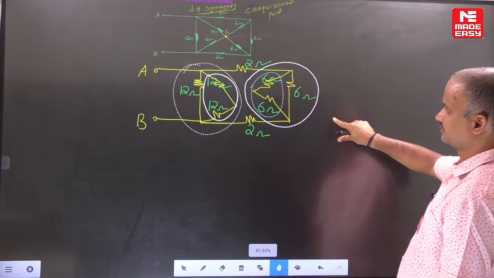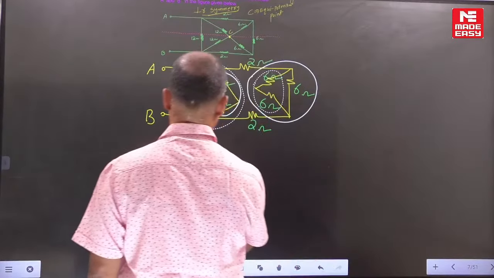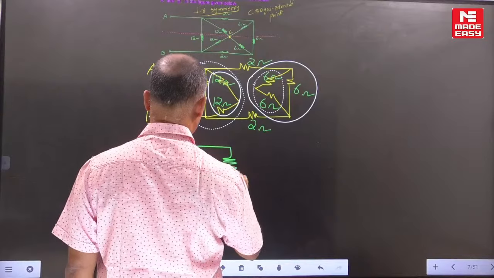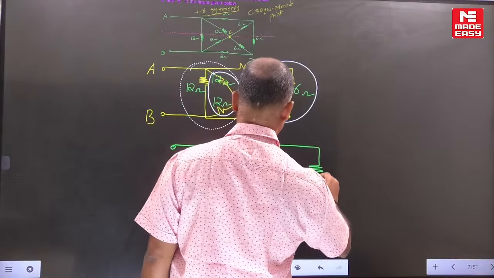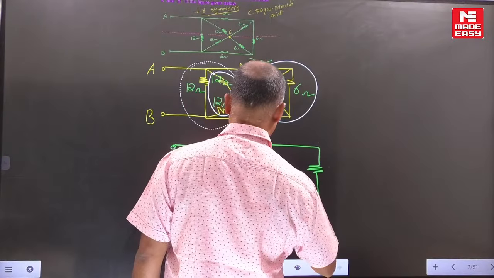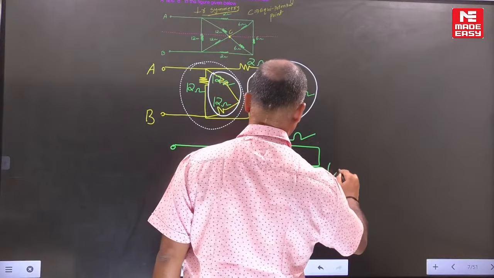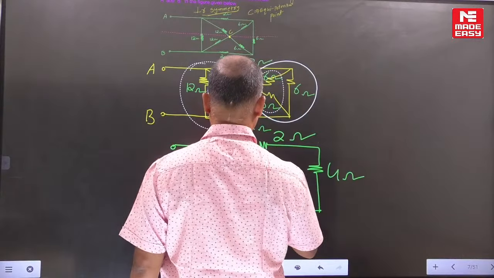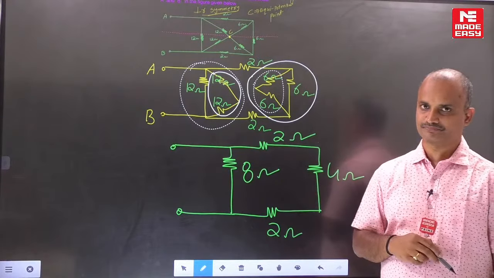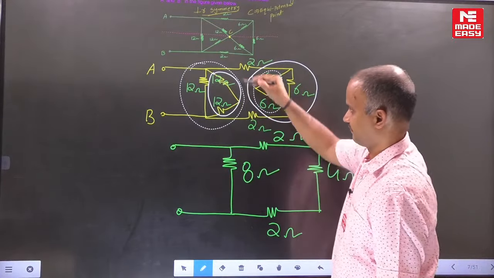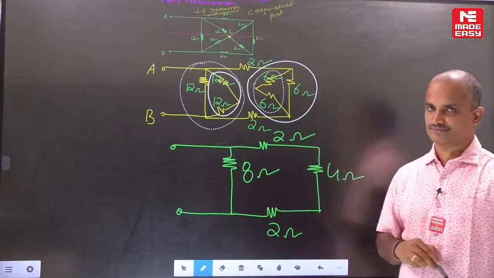If you simplify this one, check it out, we can write like this. Now for this entire parallel combination it is 8 ohms, and for this parallel combination it is 4 ohms.